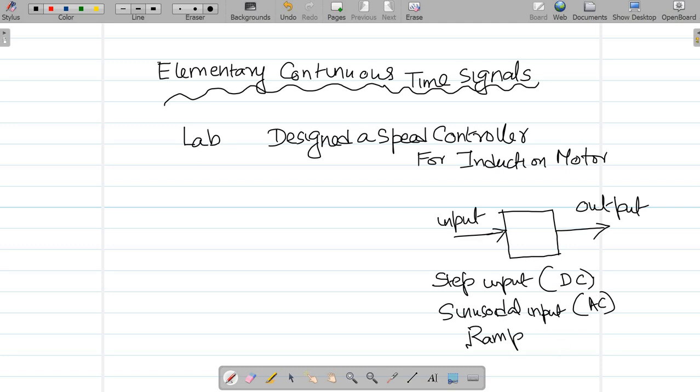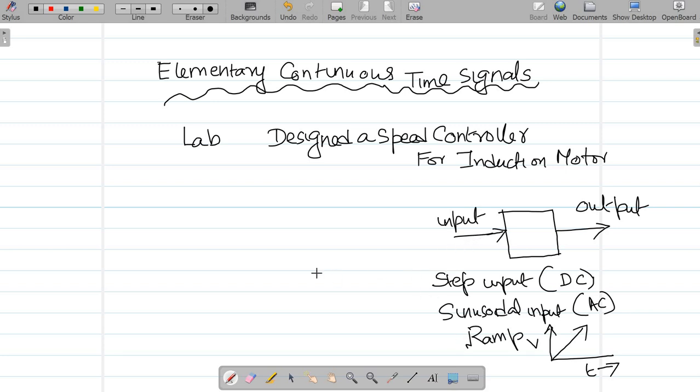A ramp input is a graph of this nature, where this is the time axis and this is the voltage axis. So these are some of the inputs that can be given to the induction motor drive.